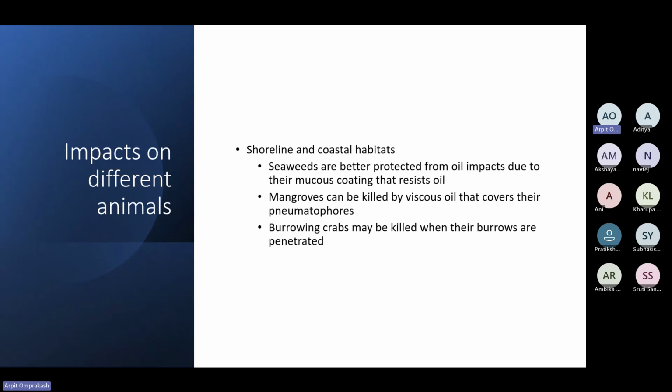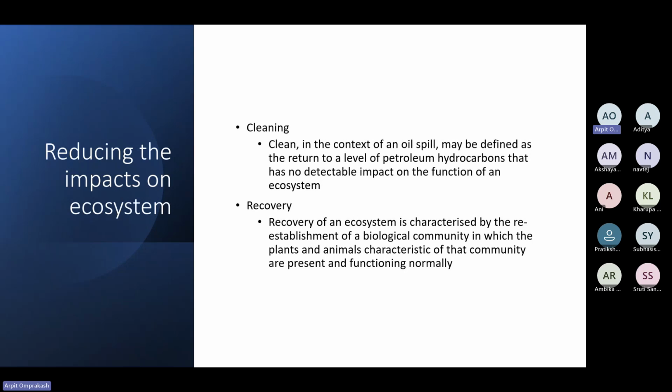For shoreline and coastal habitats, seaweeds are better protected due to their mucus coating that can resist oil. Mangroves can be killed by oil that covers the pneumatophores, so they can't take up air or breathe anymore. Burrowing crabs may be killed when their burrows are penetrated, so they don't have anywhere to go or stay.